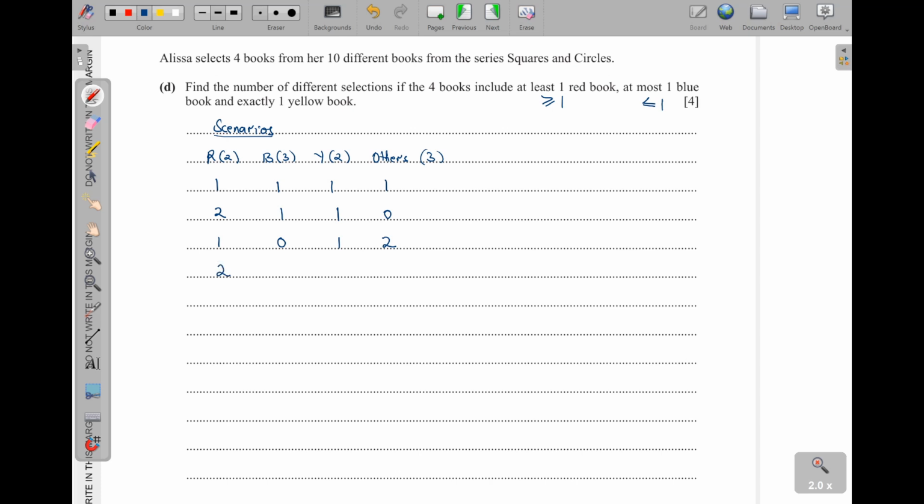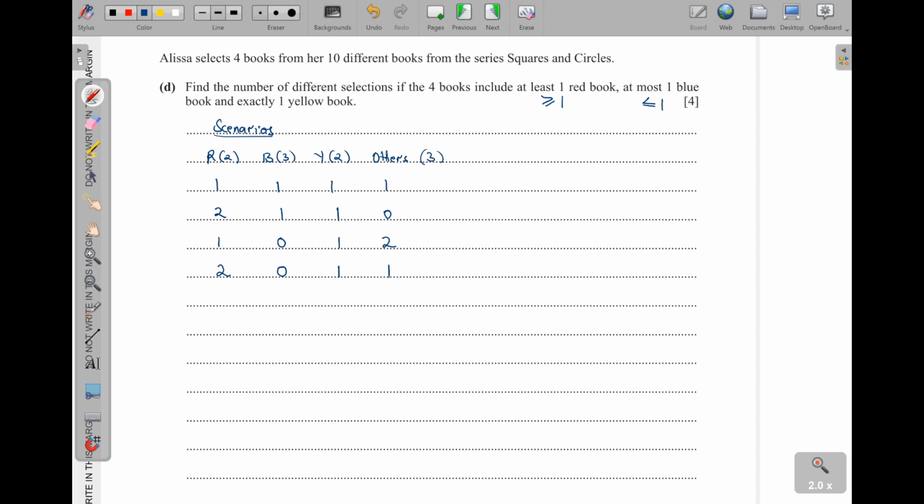Then we can also have 2, then no blue, exactly 1 yellow. So for yellow it has to be 1 everywhere, and then others, I think to make the 4 we shall have a 1 here.